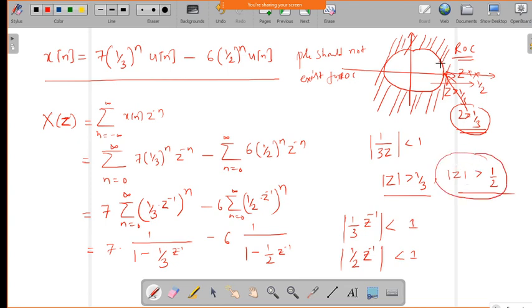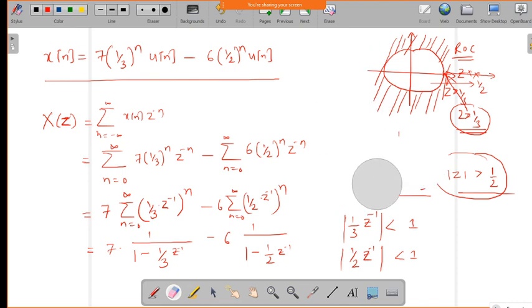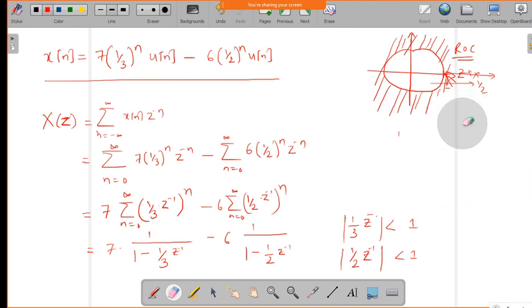Okay. So 1 by 2. That means the region of convergence exists for z greater than 1 by 2. So somewhere here 1 by 3 will be there. So this pole is not included in the region of convergence. That's why the z transform exists for this also and this also.